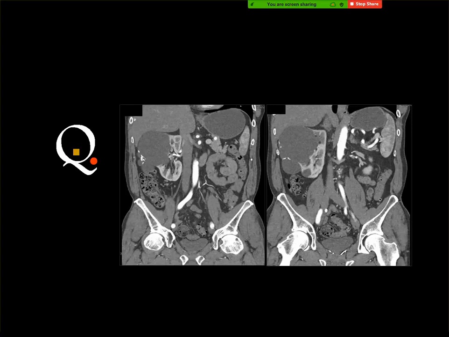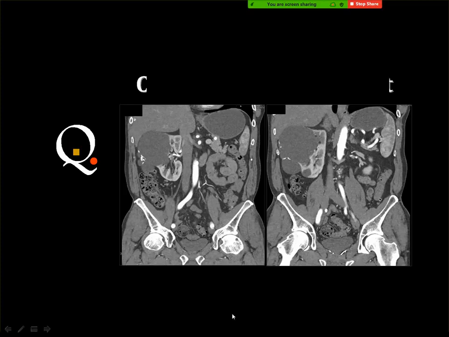Absent left kidney and a large cystic mass in the right one. Yes. What about this cyst? Is it Bosniak type 1? No, it's calcified. Type 2? Type 3? Okay, let's look at the cyst. There is a single septum and some flakes of calcium.